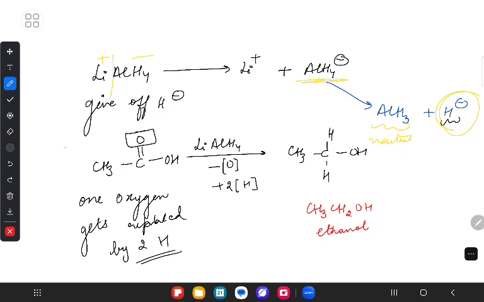Got the point? So from here, what are you getting? From ethanoic acid to ethanol. Got the point? From ethanoic acid to ethanol.